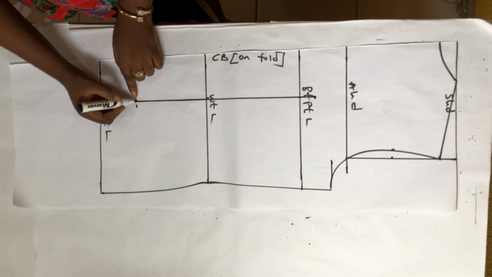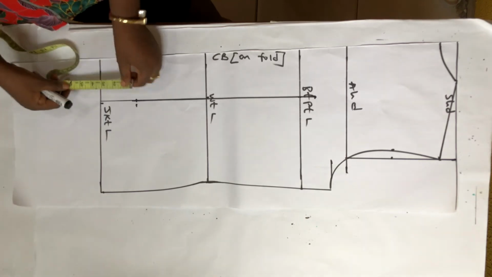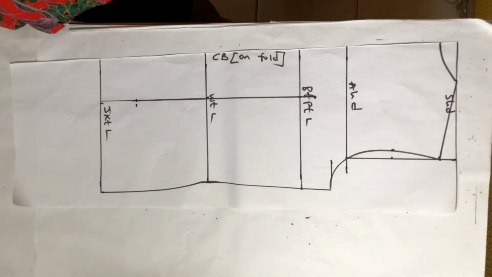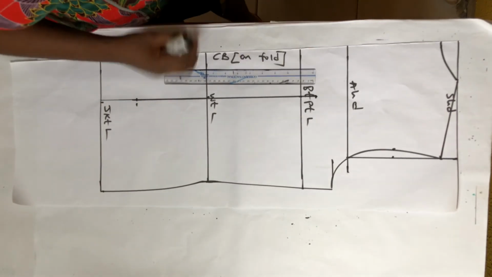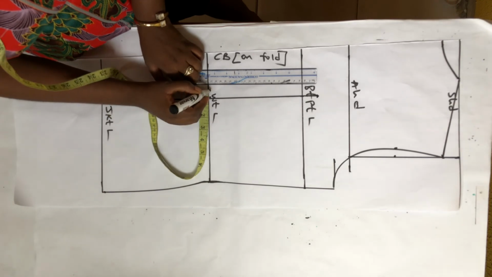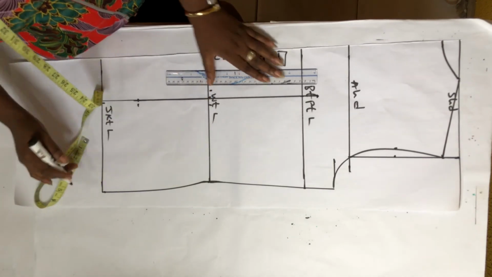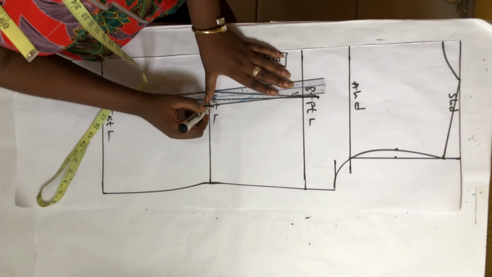My dart ends 3 inches before my jacket length line, like I said before. The size of my waist dart is 1 inch. I'll put 0.5 on this side of the line and 0.5 on the other side of the line, then draw my darts.